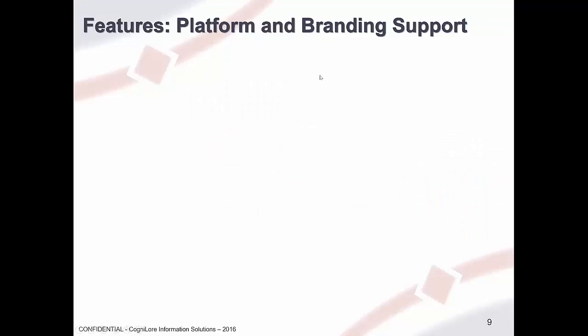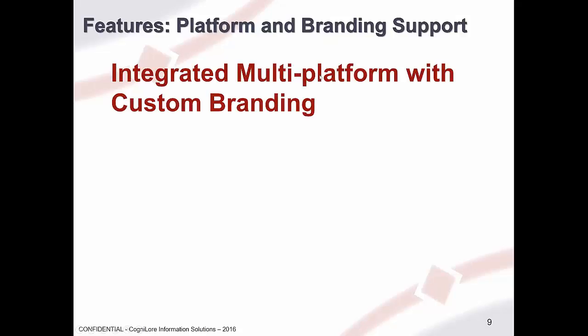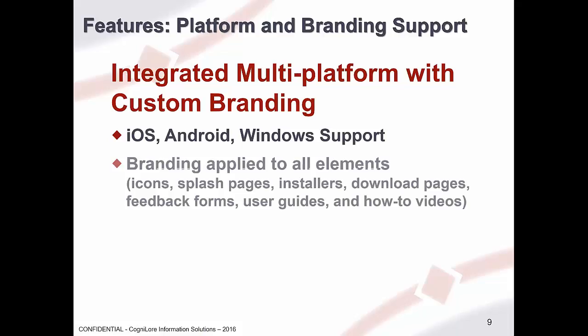Now the system is actually fully white labeled, so we are able to create very rapidly a custom version of the content collection that contains all platforms, so Windows, Android, iOS, smartphones, tablets, PCs, and works with your branding, your icons, your splash pages, customizations to the installers and user guides and forms, and the ability to have your marketplace descriptions within the App Store.